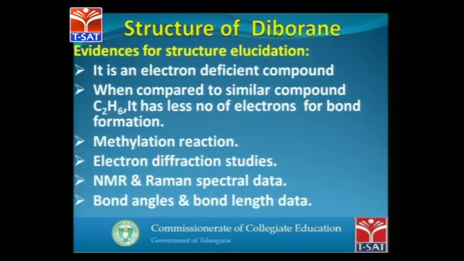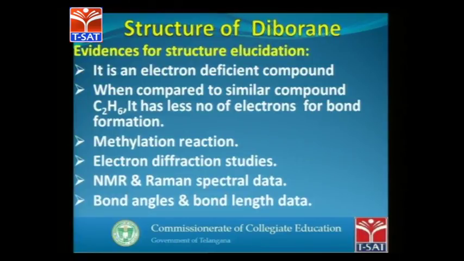Different studies have shown that in the methylation reaction only tetramethyl diborane was formed; the remaining 2 hydrogens cannot be replaced by methylation. From electron diffraction studies it is known that only 4 hydrogens lie in one plane, 1 hydrogen above the plane and 1 hydrogen below the plane.